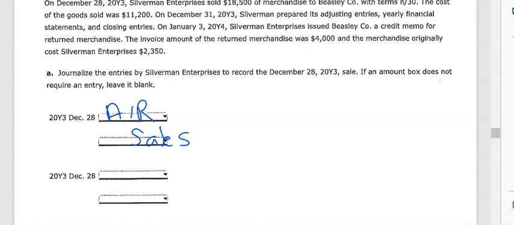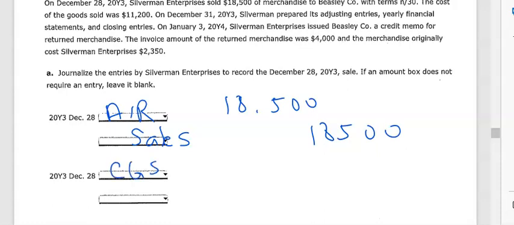That's step one of recording a sale, and it was for $18,500. Step two is to show that we sold inventory and moved it into the expense because it's been sold. So that's cost of goods sold and inventory. This is just a regular sale, and they tell us that that amount was $11,200.